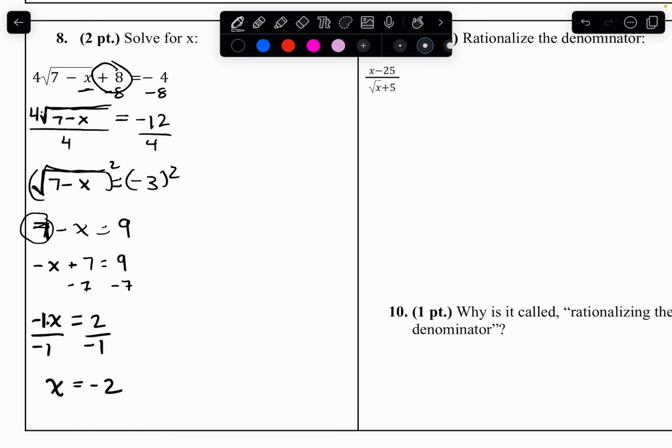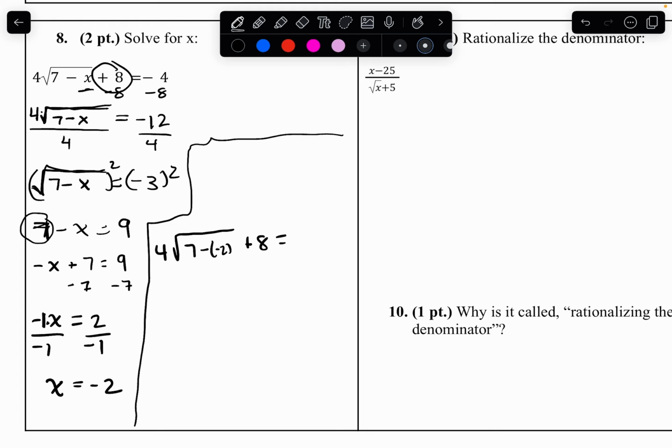I'm done. No, you're not. If you remember when we were doing radical equations, we learned that you have to check for extraneous solutions. So if we were to substitute -2 back into the original equation, let's do 4 times the square root of 7 minus -2, plus 8, is equal to -4.